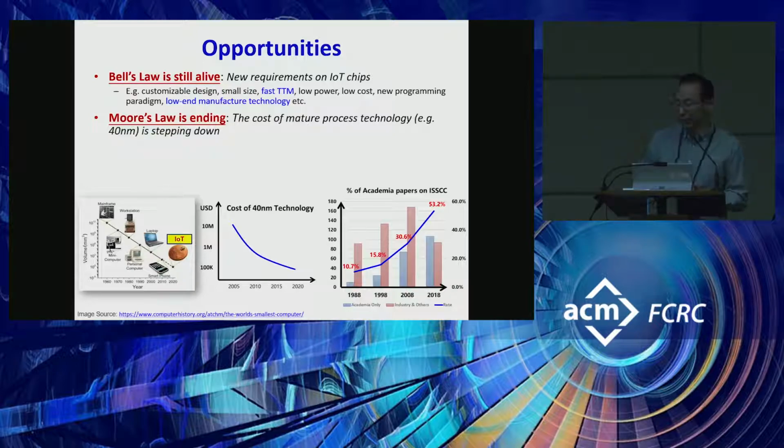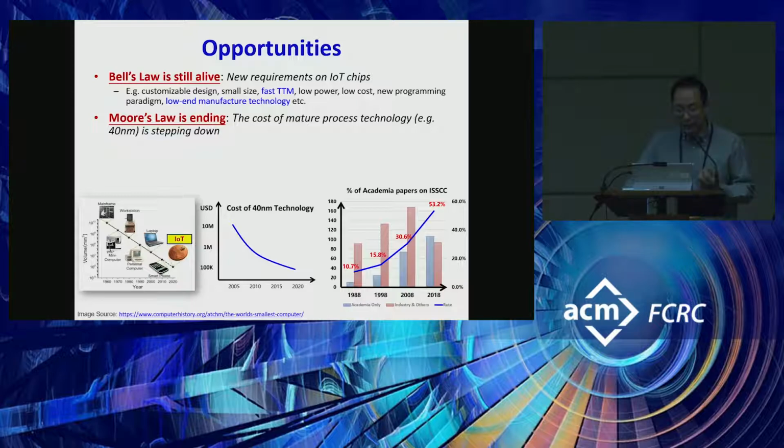If we look at ISSCC papers from 30 years ago until today, academic papers now account for more than half.